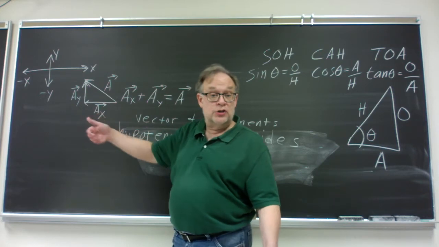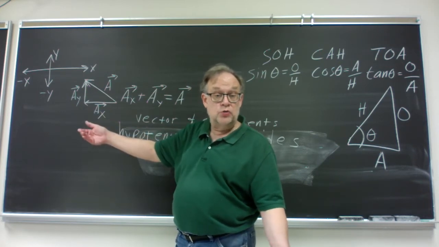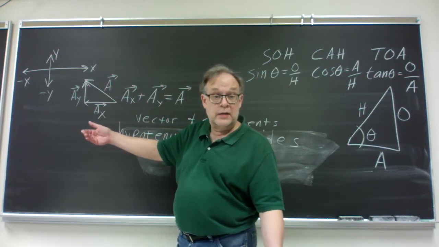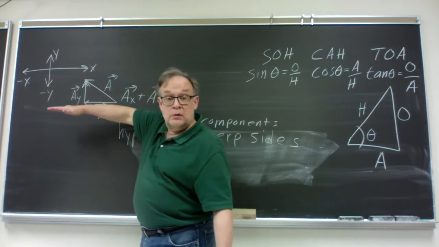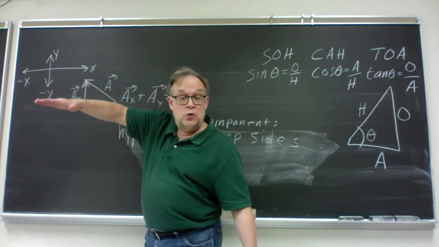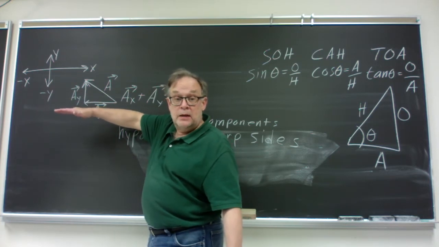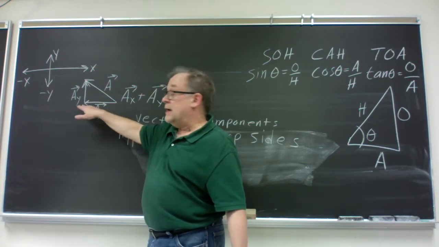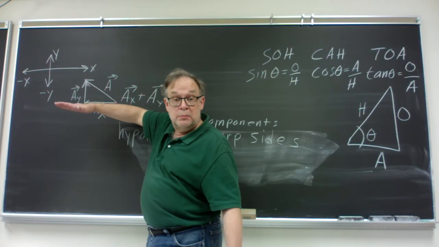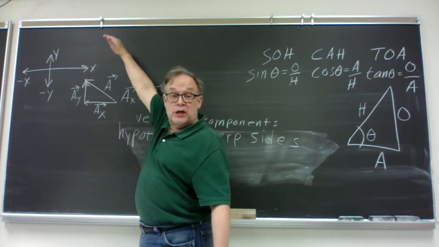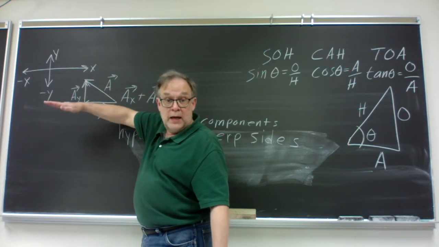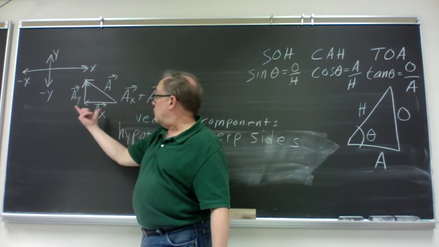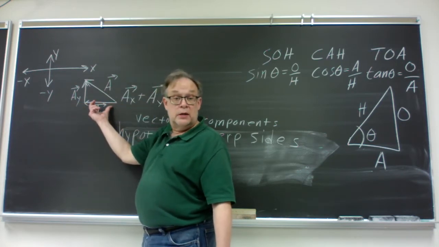components as projections or shadows along the two coordinate axes. If you put a screen here, let's lay it out as a horizontal plane, and then the x-axis is in the plane of that screen, and then shine a light down from above, the shadow that A makes on this screen would correspond to the x component.